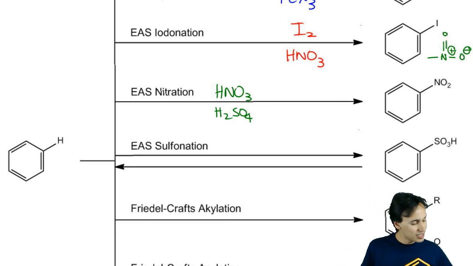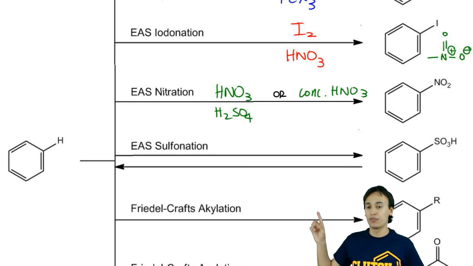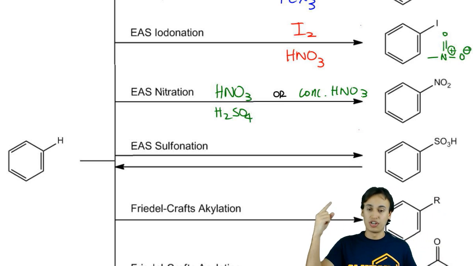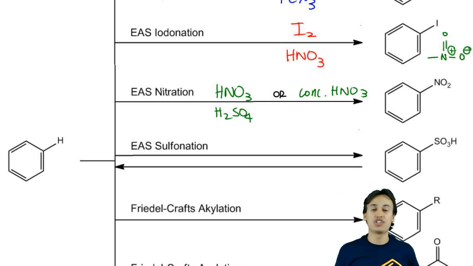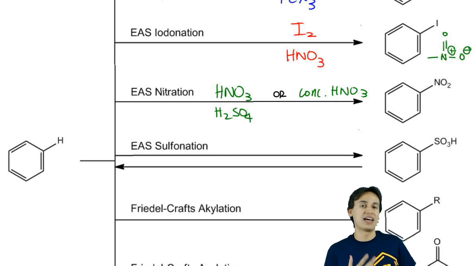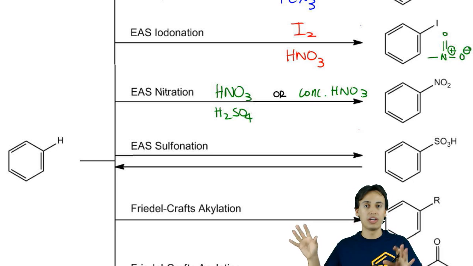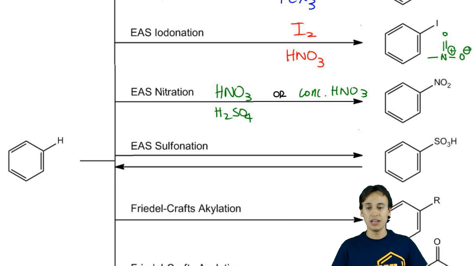But just keep in mind that you could also generate this electrophile just through using concentrated HNO3. In the first example, you have one acid reacting with another. When you use concentrated HNO3, one HNO3 molecule reacts with another one and makes that active electrophile. So regardless of how you draw it, it's really going to produce the same product, okay? So that would be EAS nitration.